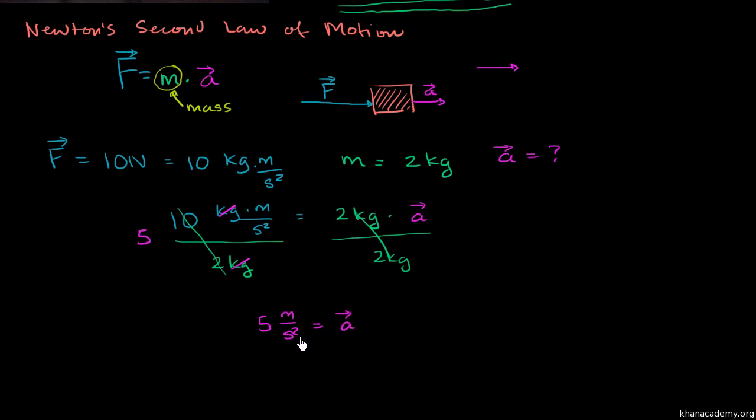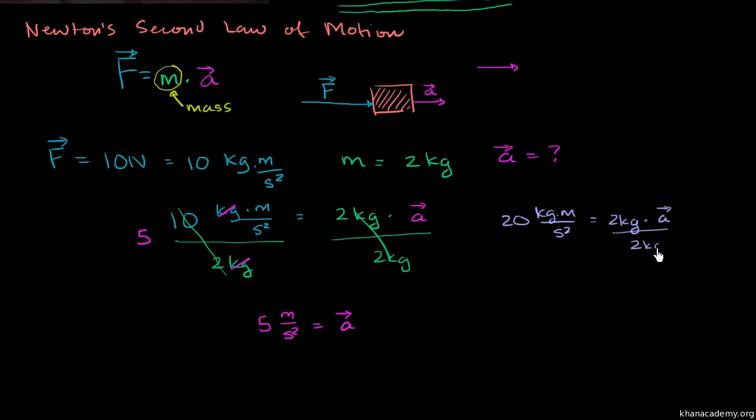And that's equal to your acceleration. Now, just for fun, what happens if I double that force? Well, then I have 20 newtons, or 20 kilogram meters per second squared, which is equal to 2 kilograms times the acceleration.